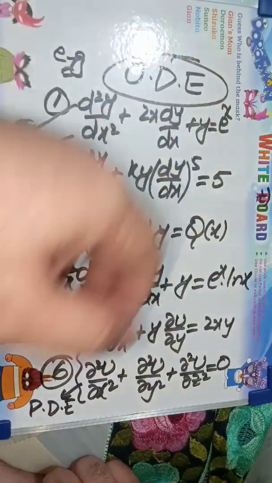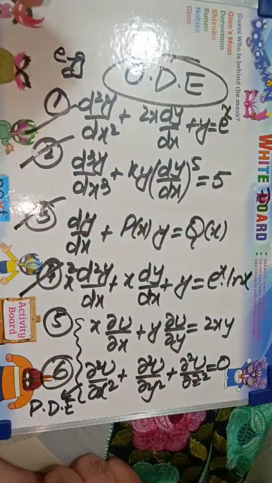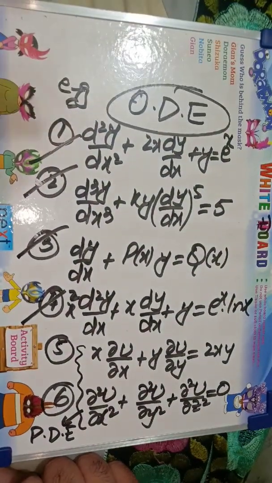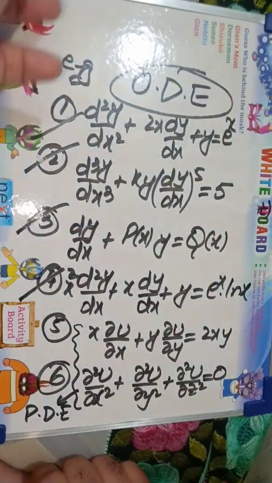So this is the first thing which you should be clear about, that a differential equation can be of two types.